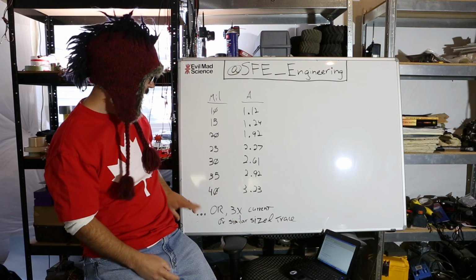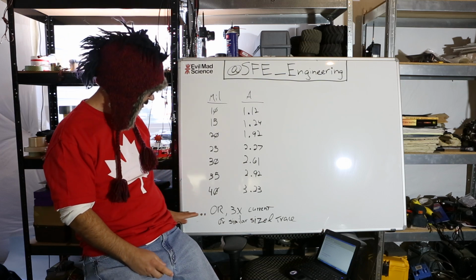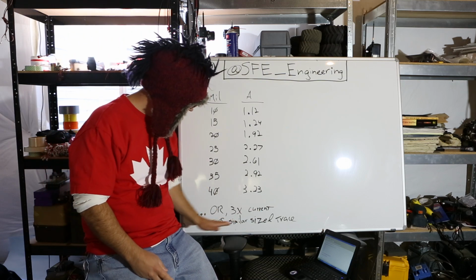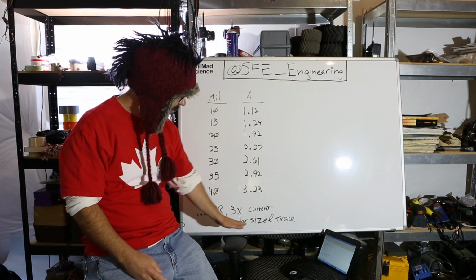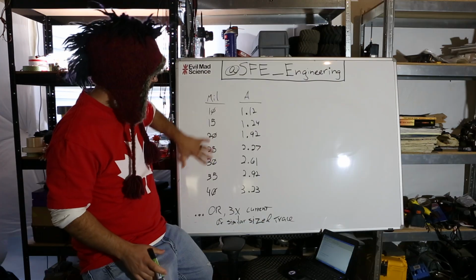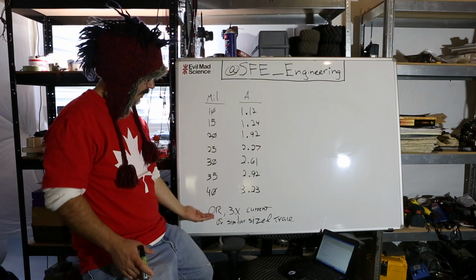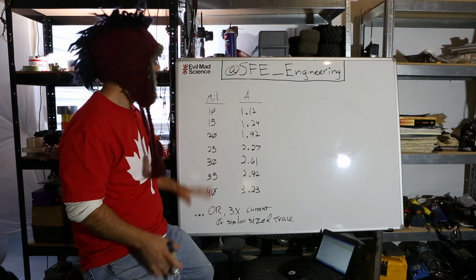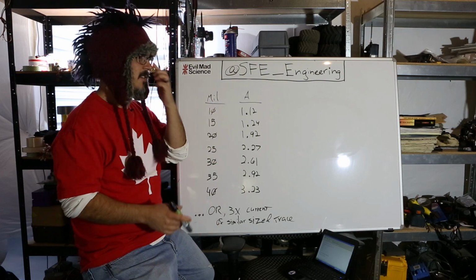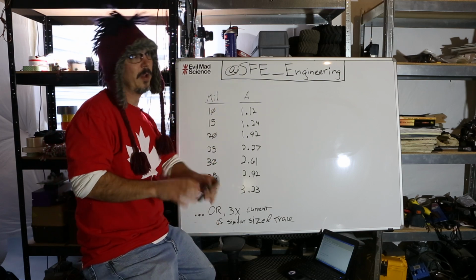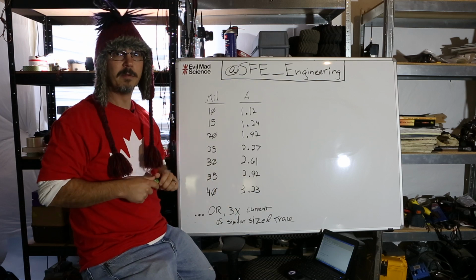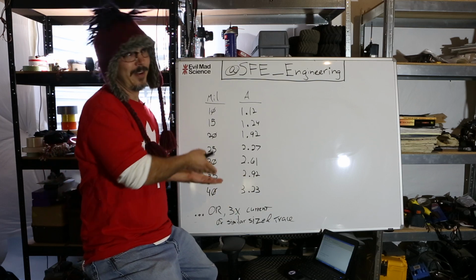Didn't find one immediately. But I found a rule of thumb that says a via has 3 times the current capability of a similar size trace. Now, admittedly, that's a rule of thumb, right? So I don't know how accurate this is. So I have to temper it with what I know about a via against what I know about a trace.